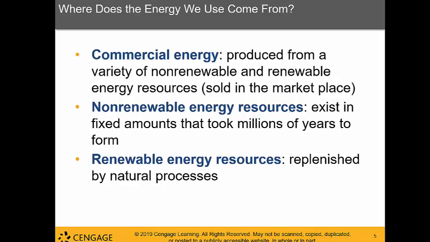The power company is going to sell you energy at a rate of gigawatt hours based on the amount that you use. Some of that energy may come from non-renewable energy sources, such as coal, and others may come from renewable resources, maybe hydroelectric or wind power, depending upon the area in which you live and which power company you're using.